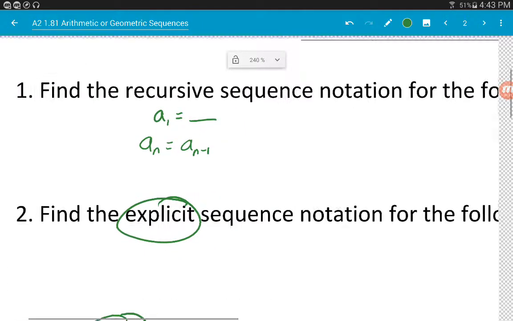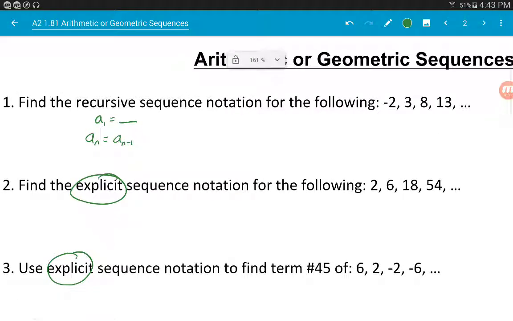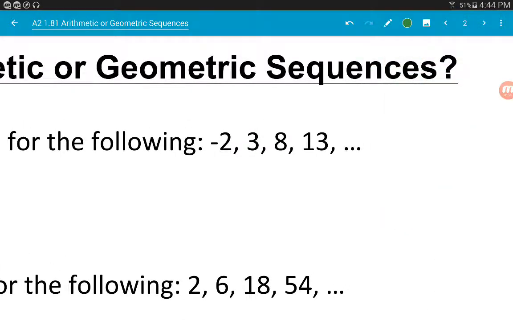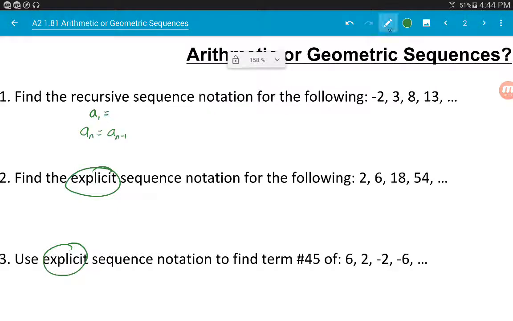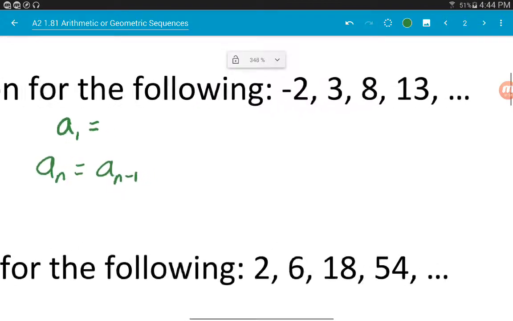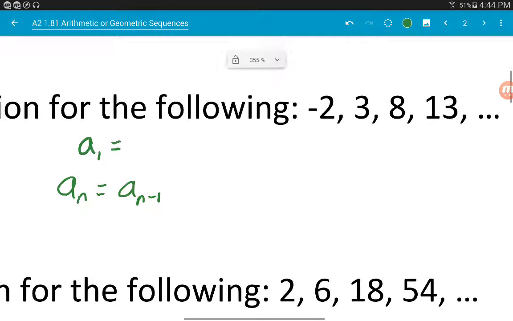So for instance, if I'm looking at this sequence here, -2, 3, 8, 13, I need to see, is this arithmetic or is this geometric? I need to basically ask myself, am I adding and subtracting, or am I dividing, multiplying? So let's see. If I went from -2 to 3, that would be plus 5.